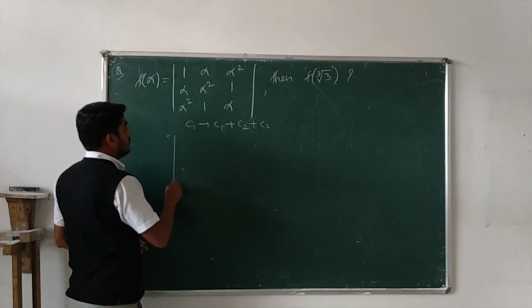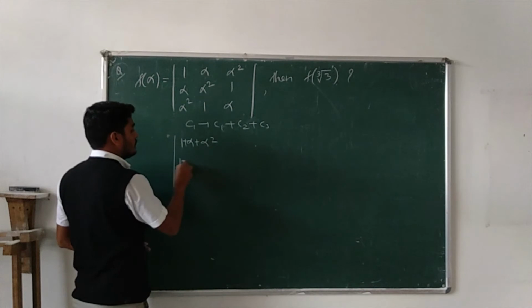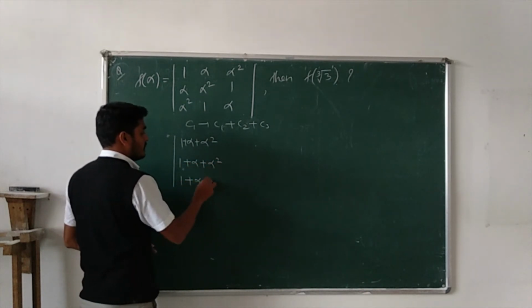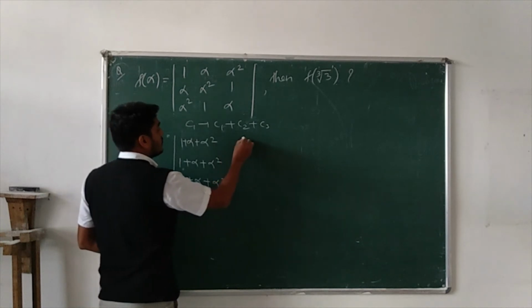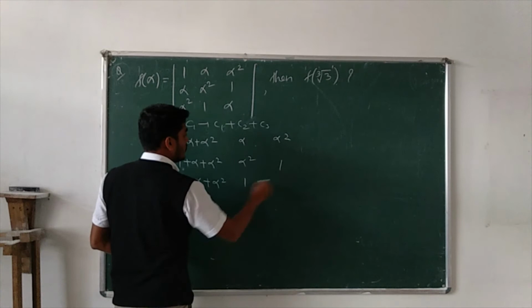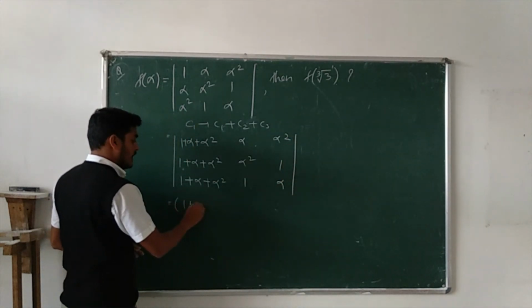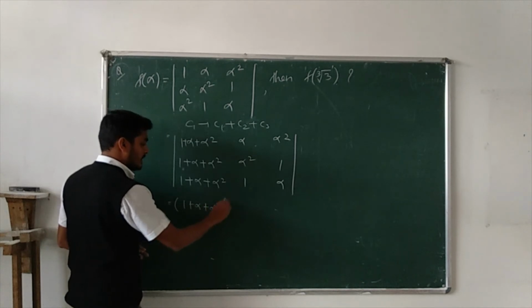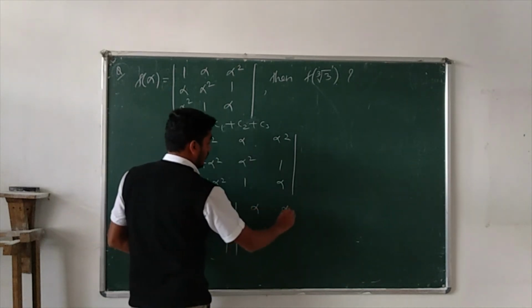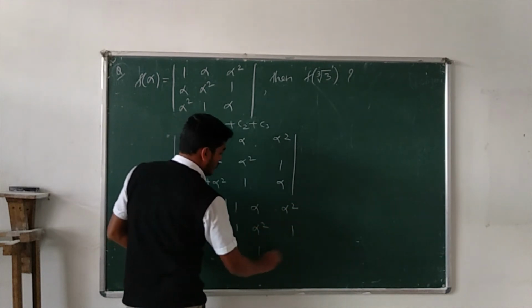So what we will have: 1 plus alpha squared, 1 plus alpha squared, 1 plus alpha squared. Here it will be alpha squared, 1, alpha. Okay, so you have got that 1 plus alpha squared will be taken common, so it will become 1, 1, 1, then alpha squared, 1, then 1, alpha.